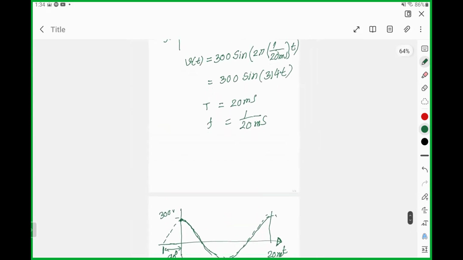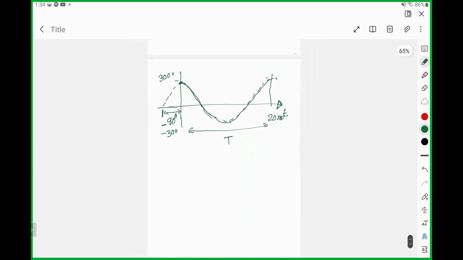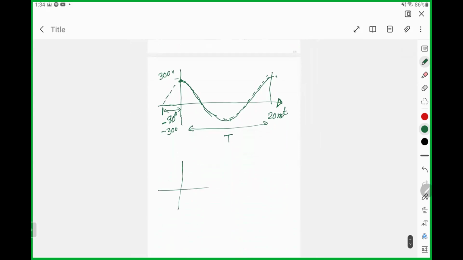So if I draw it again, my original sinusoidal signal was this one. No, I will use sine.